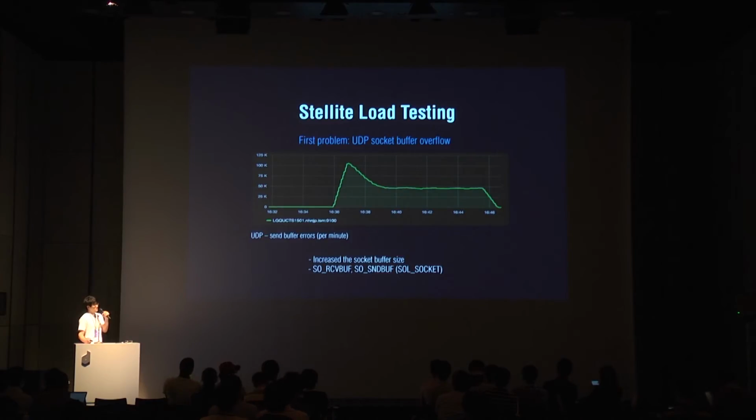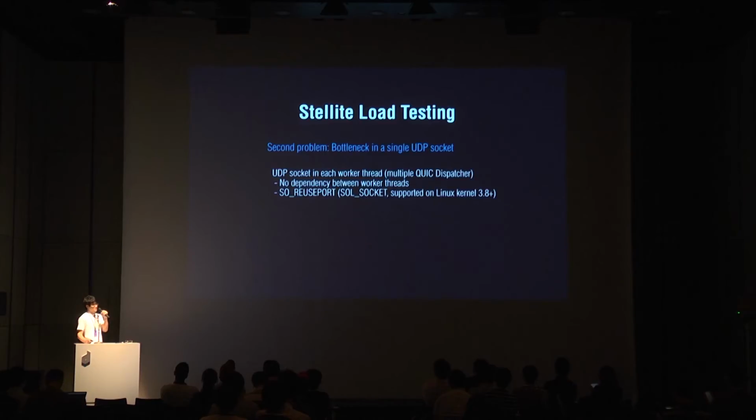In other words, the buffer size of the UDP socket should be big enough to avoid packet loss. During the test, we discovered that the send buffer error rate was as high as 100K. So we increased the send and receive buffer sizes and solved the problem.